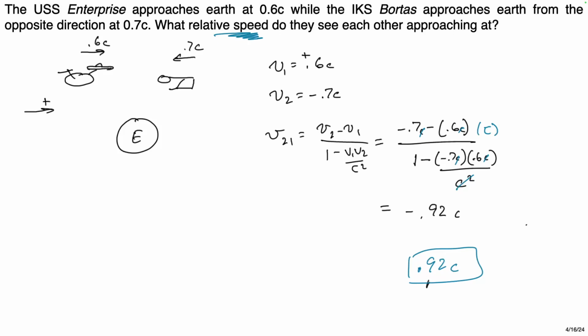Again, the symbology in your book is going to look different. And if you're watching any other resources, chalkboard videos, YouTube stuff, whatever, they're probably going to use different symbols. They're going to have primes in them, and instead of V's, there's going to be U's and stuff like that. They're really doing the same physics.